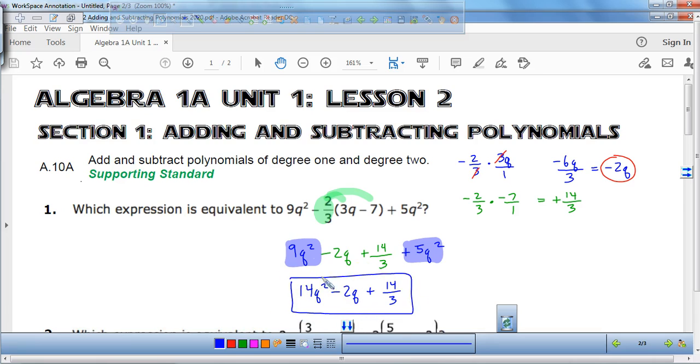And this right here is your final simplified expression. This would be considered a trinomial. Now, if I asked what's the degree, you'd say the degree is equal to 2. That's the degree of the trinomial, or the degree of the polynomial, because 2 is the highest exponent.